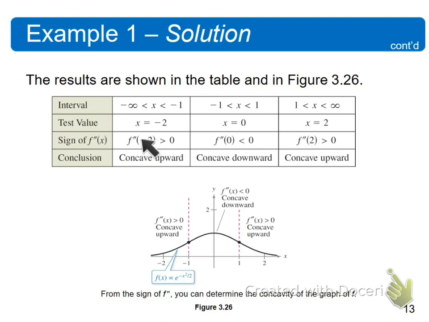So look. Here, a test point between -50 and -1, the second derivative is positive. That means my original graph was concave up. The second derivative is negative. That means concave down. The second derivative is positive. That means concave up. So like last class we tested for when our function is increasing or decreasing by the first derivative. Today we can look at the second derivative and tell me concavity.